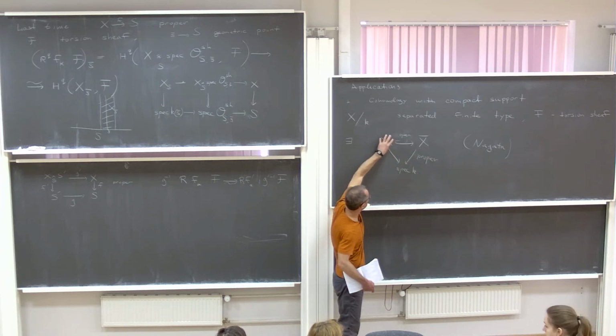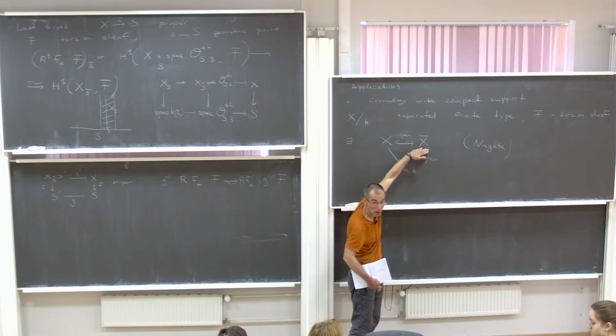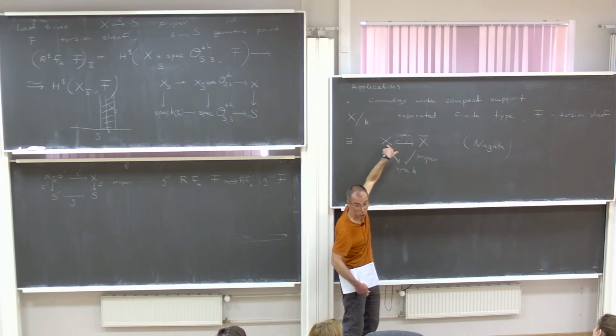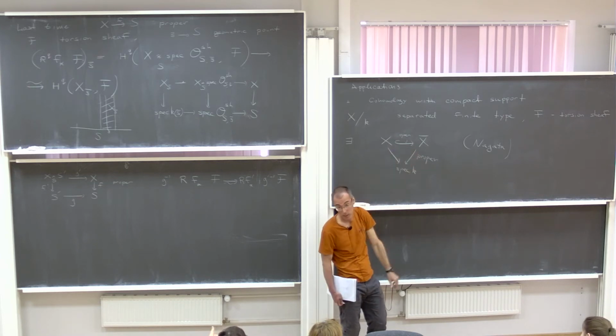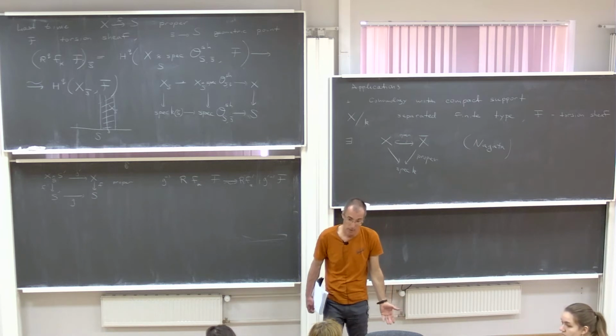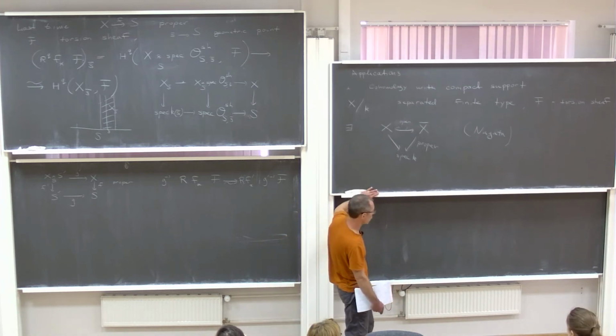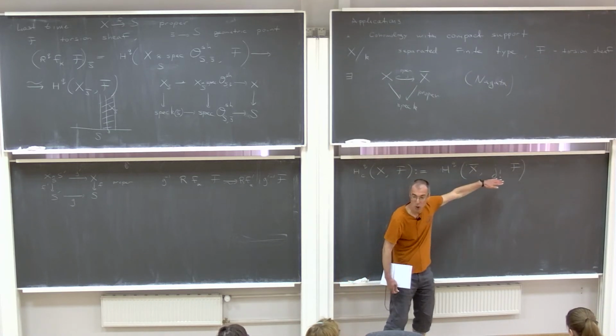So this is a sheaf on X bar whose stalks at every point of X bar which is not in X is 0, and whose restriction to X is your original sheaf, right? So it's also called, in this situation, extension by 0.